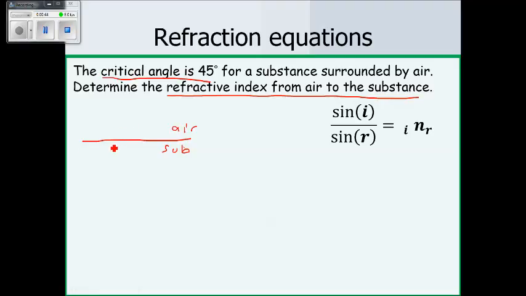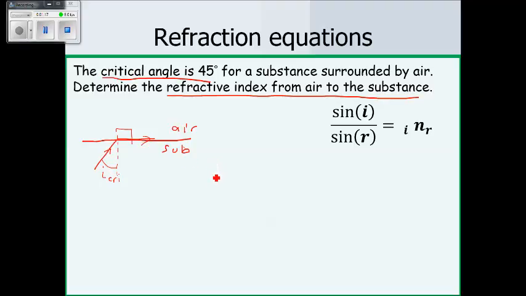What we now have is the incident ray coming from the substance side, hitting the boundary at an angle, which is the angle of incidence, which is this critical angle. In the case that it's just the critical angle, it's going to leave so that the refracted angle is 90 degrees.